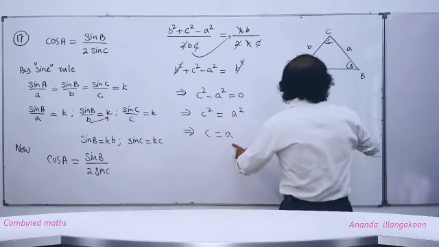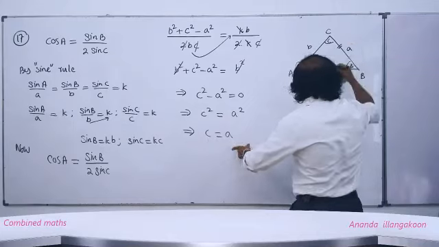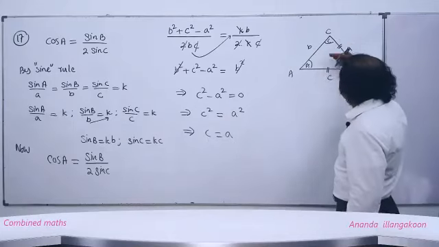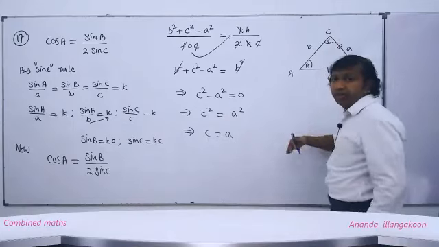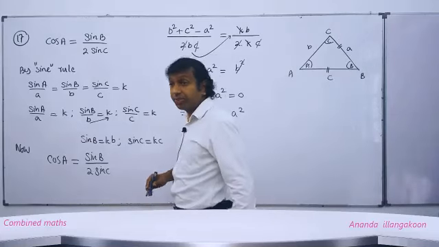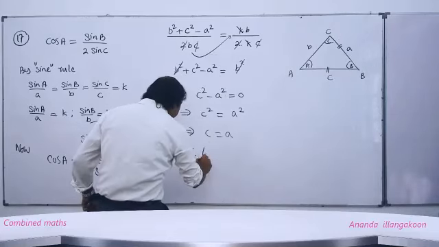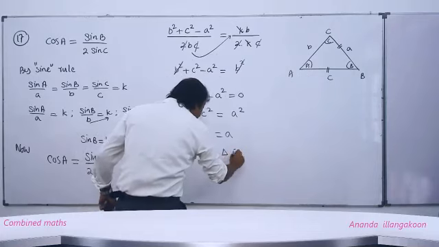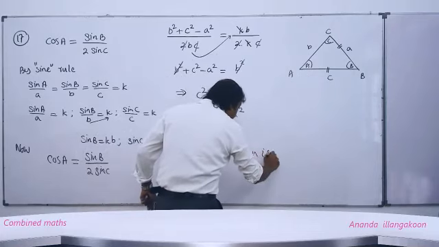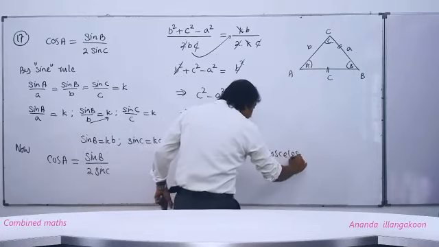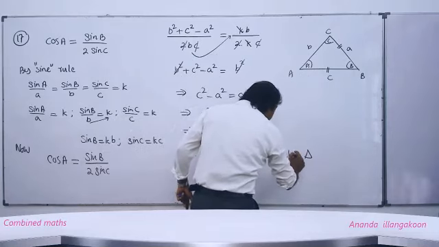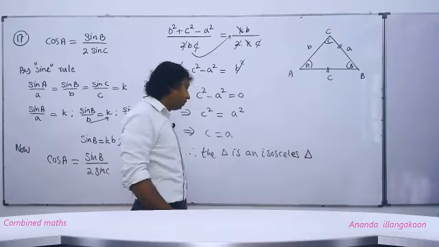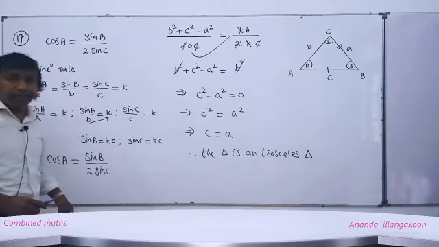C equals A means this length and this length being equal. These two sides are equal, people. These two sides are equal means the triangle is an isosceles triangle. Therefore, the triangle is an isosceles triangle. That's how we do it. Understand? Okay.